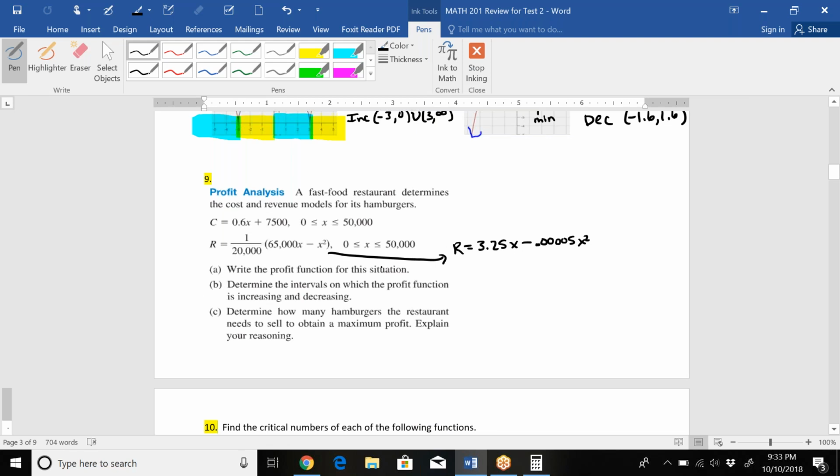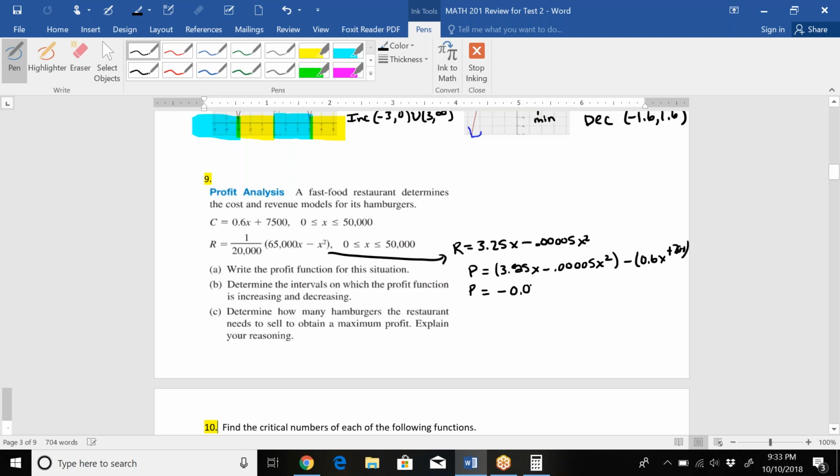So it says write the profit function for this situation. So we need to do revenue minus cost. So profit is revenue, which is this formula, minus cost, which is this formula. And that's going to be profit is, let's see, we'll put the squared part first.